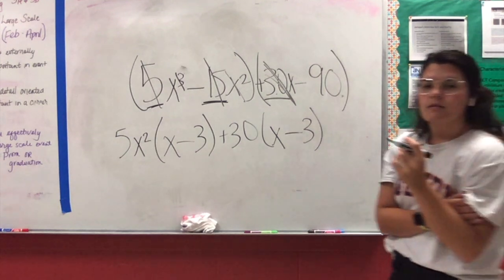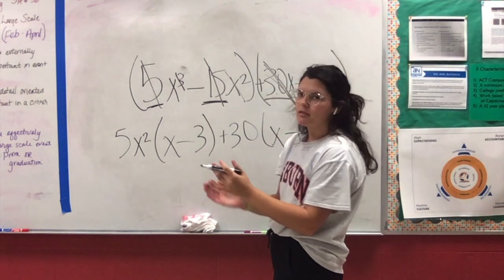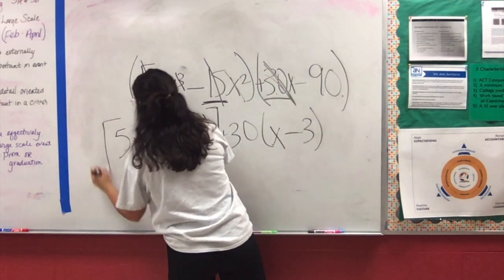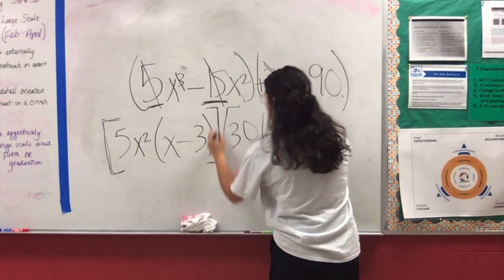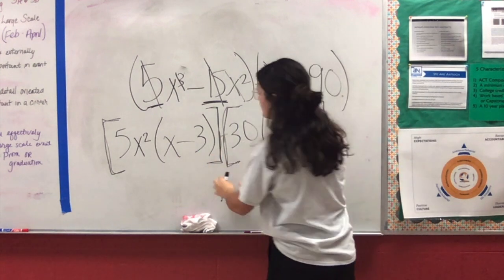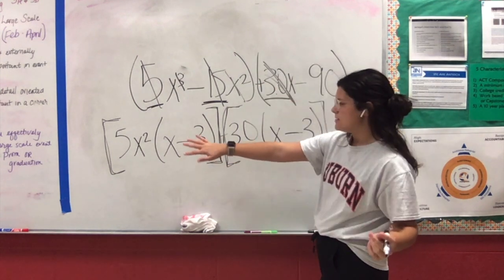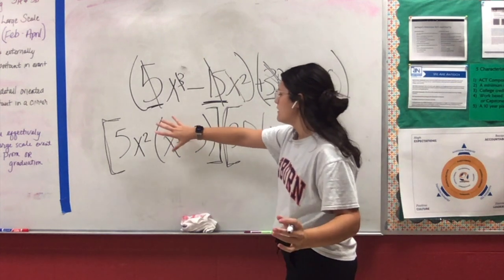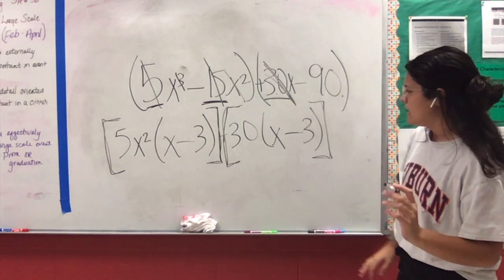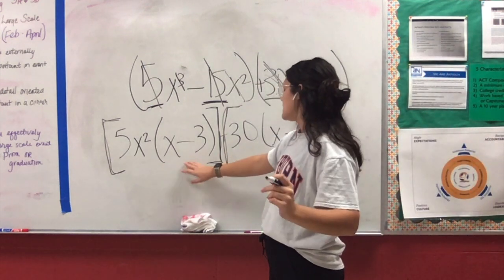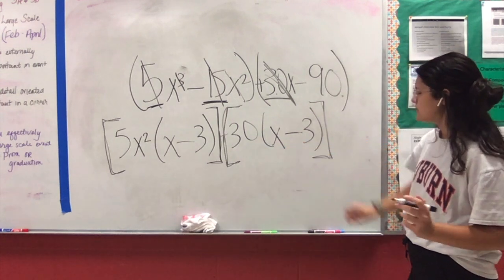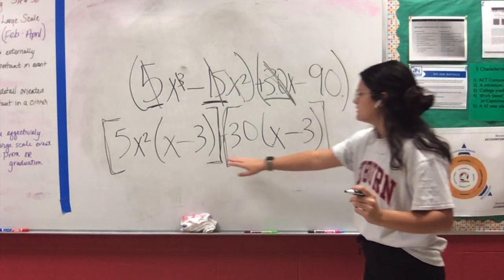And now our next step is we're going to group them again. So group these guys and group these guys. And then we're going to look at these together and factor out the greatest common factor of this whole expression. So we have 5x squared times x minus 3, and then we have positive 30 times x minus 3. So first of all, we can factor out this x minus 3.